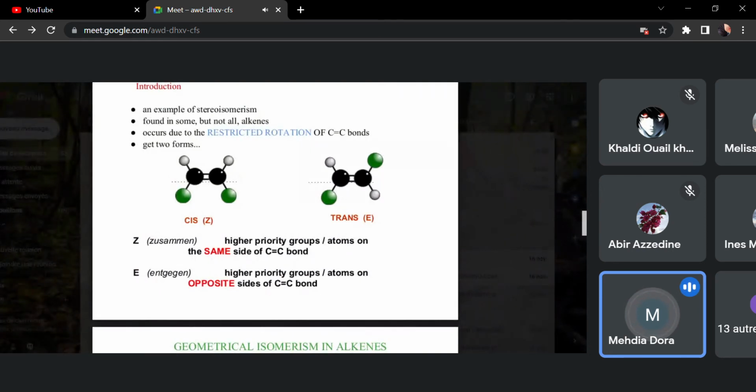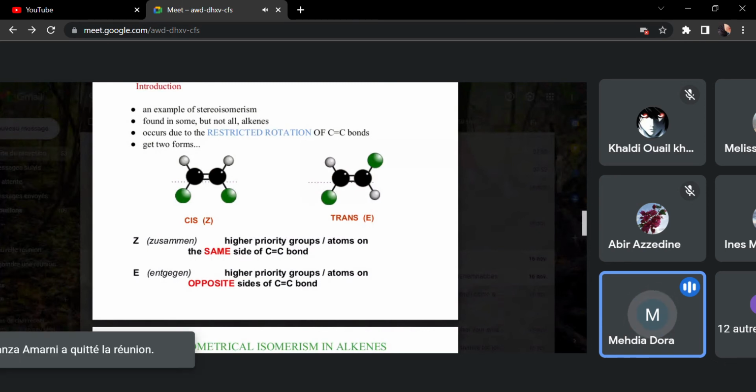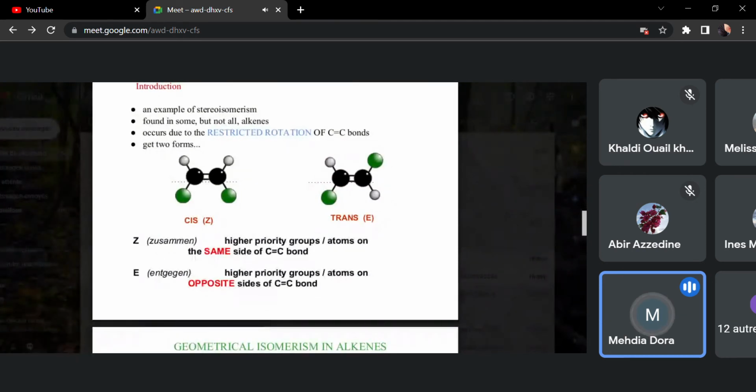And the other one, when the two chlorines are opposite, we call it trans or E. Z and E come from German: zusammen. Zusammen means together. We mean the same atom on the same side of the C-C bond.